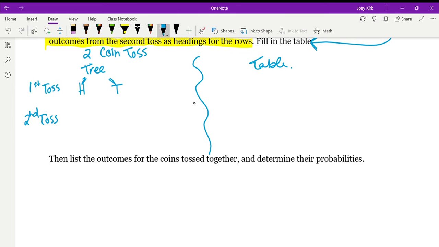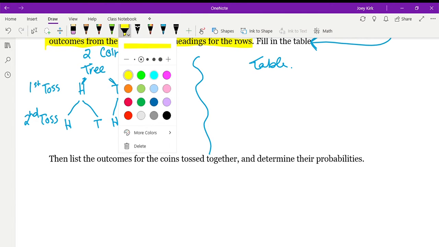But remember, we have to list the outcomes of the second event for each of the first events. So for heads, if we got heads the first time, the second time we could also have heads or tails, right? And if we got tails the first time, the second time we could also get heads or tails. And so our outcomes, what you do is you just follow along.